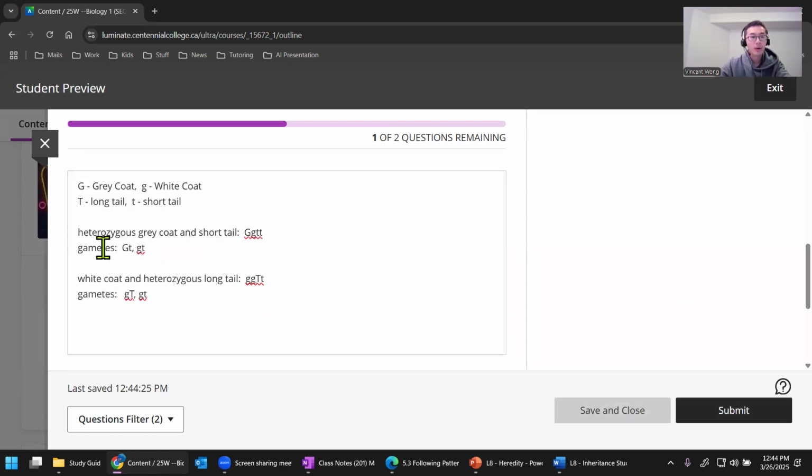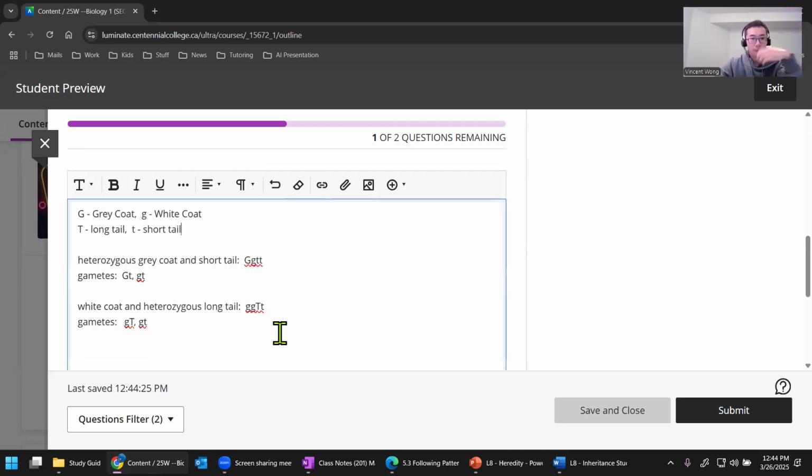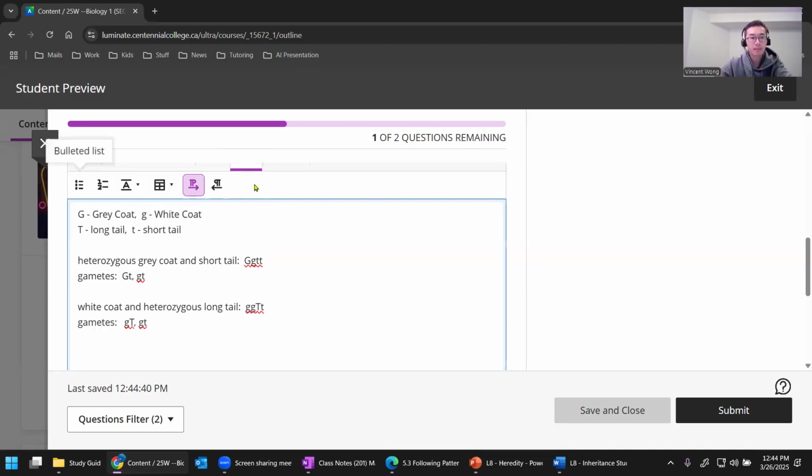So our table is two gametes and two gametes, so two by two. But when I create a table, I always make sure I have an additional row and additional column. In this case, I don't see the table icon, right? If that happens to you, you just press this list here, and it's going to show up.